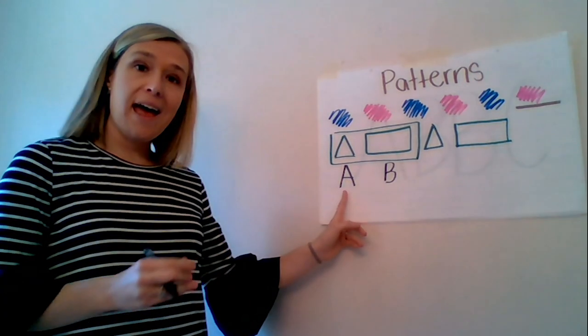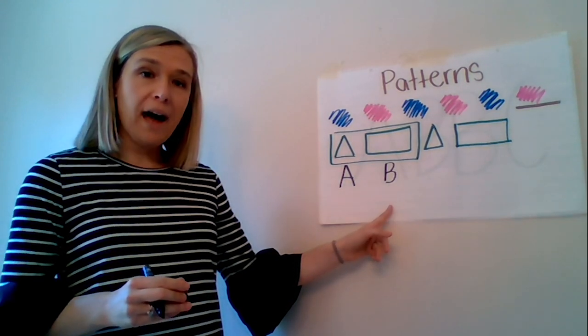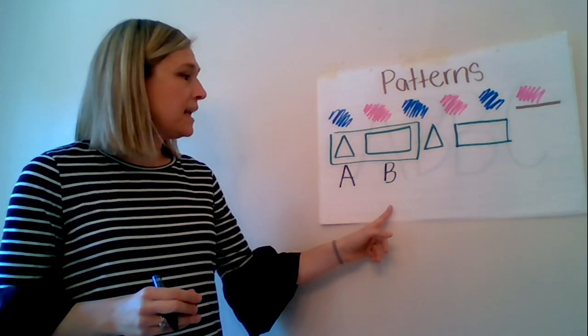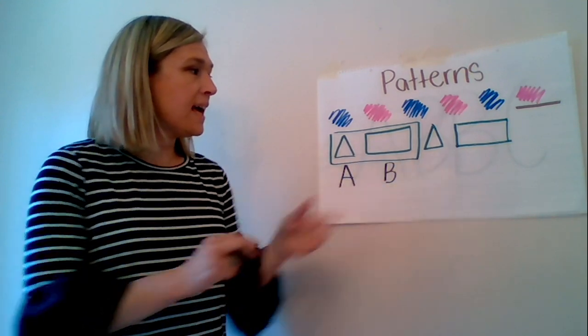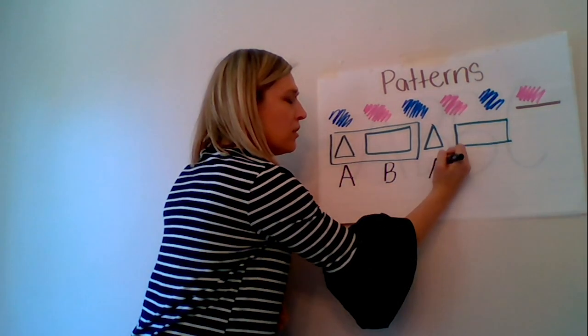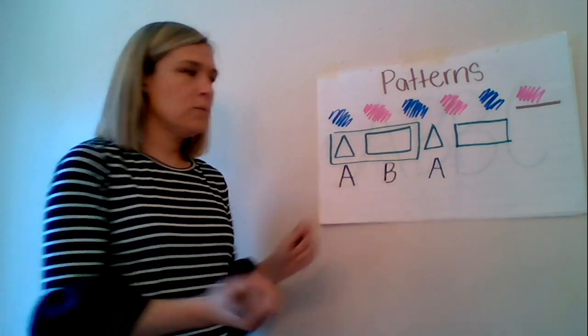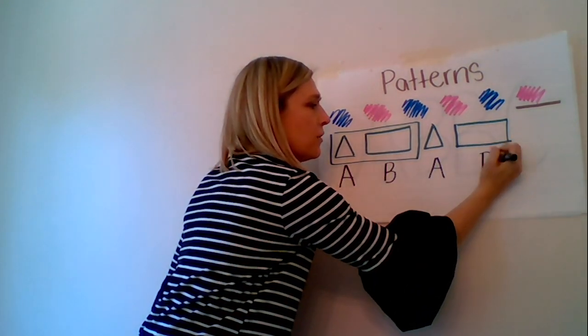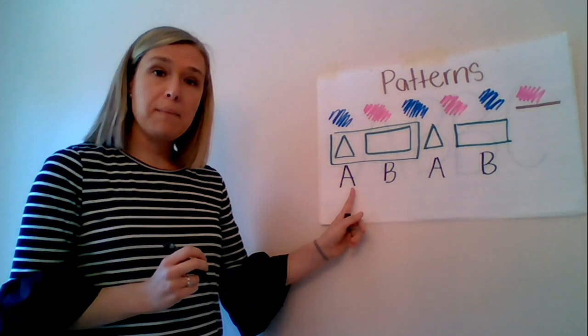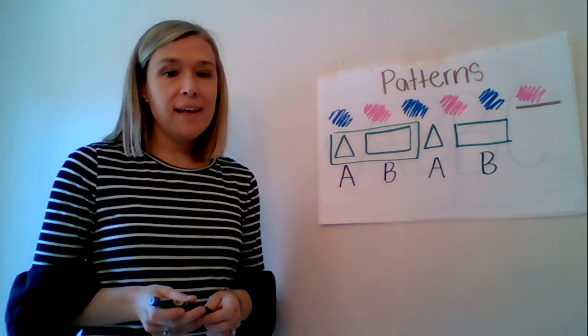So I have an A-B pattern. So if I'm going to repeat it again, I'm going to go back to A and it matches my triangle. And then I'm going to do my B, which matches my rectangle. So I named my pattern A-B.